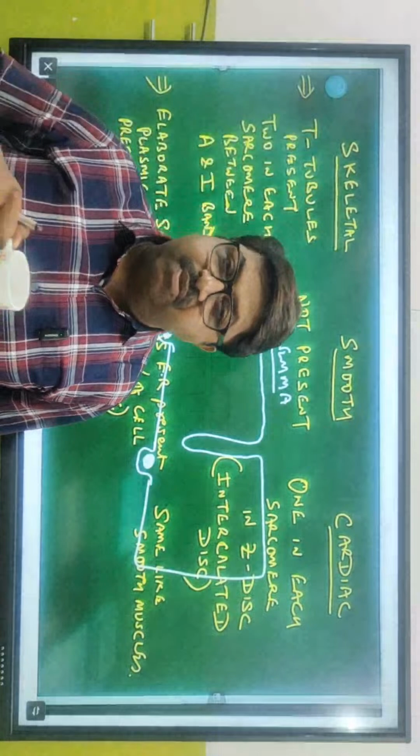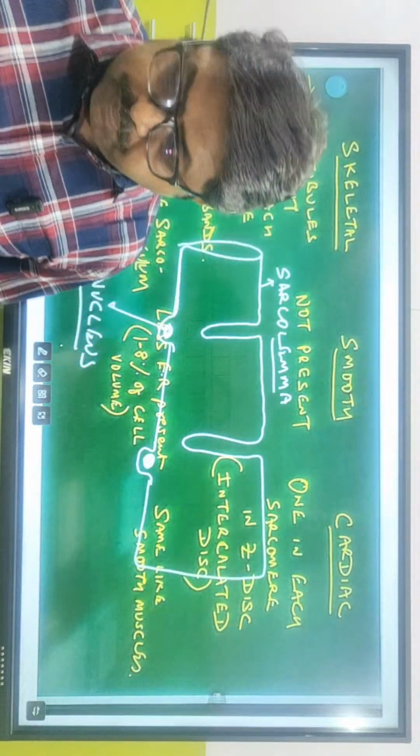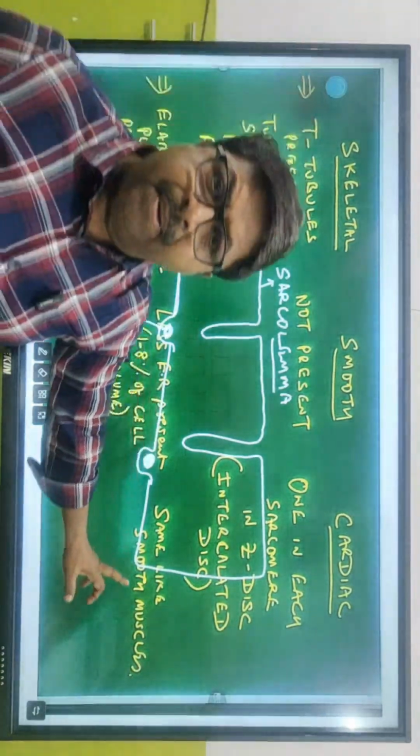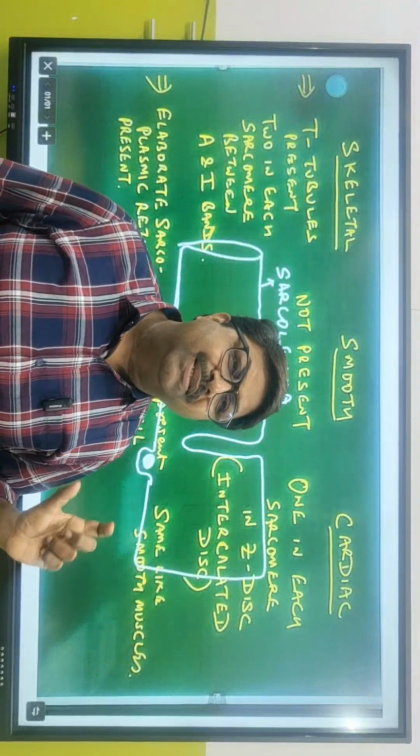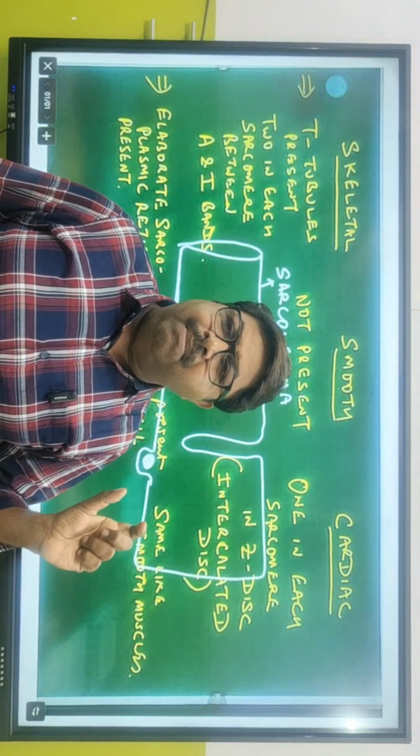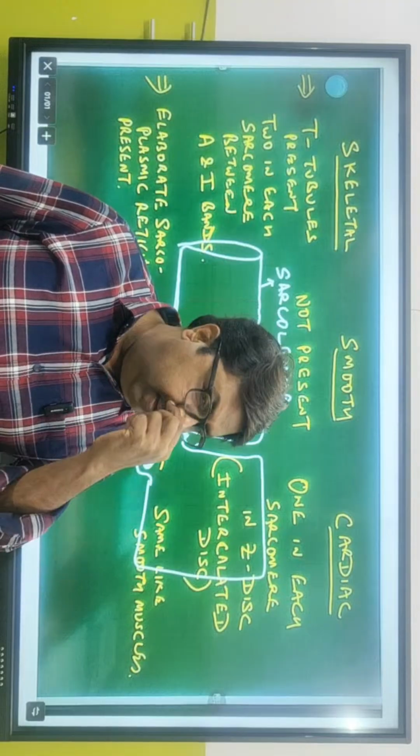What is the other term for muscles? Just now I have talked about myofibril. Myo term कहां से आया? Muscle. So myofibril, myology. Study of muscle is called myology.